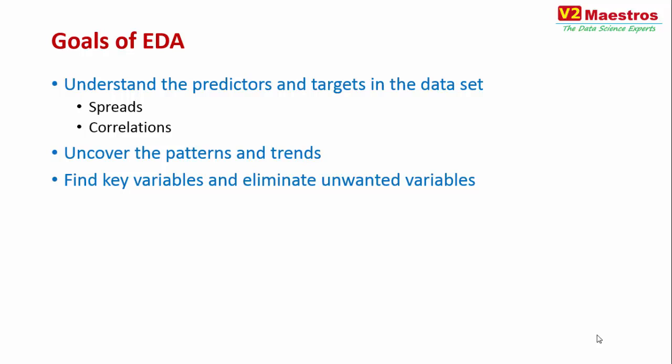eliminate them? Even if you pass these variables to a machine learning algorithm, the algorithm will simply ignore them. But it has to spend a lot of time and resources trying to work on these variables and understand their patterns, which means it is going to take more time, more CPU power, more memory and so on to execute.